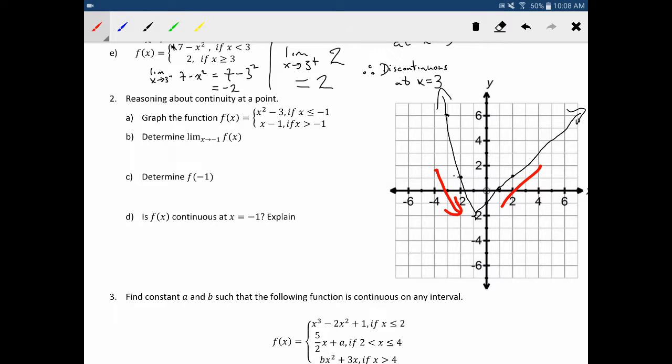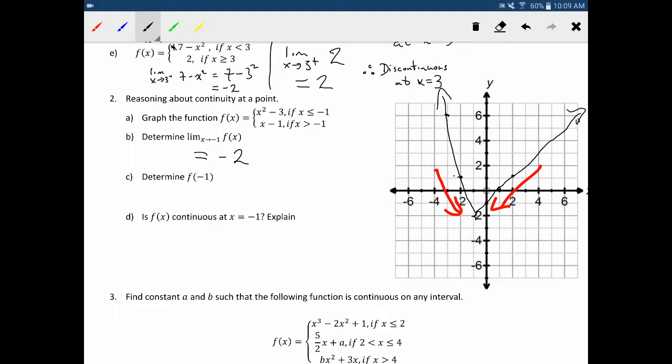And if we come down the other way, we're also heading to negative 2. So the limit of f of x as x approaches negative 1 is equal to negative 2.